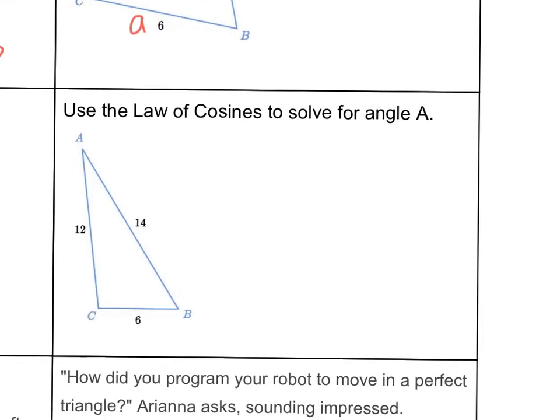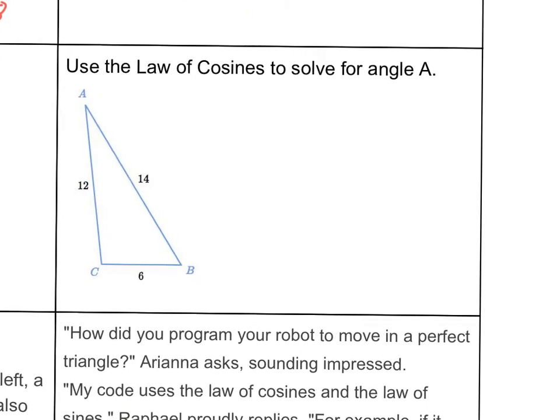I will do the other law of cosines one because that's asking us to solve for an angle. And here we're looking for angle A. That means I want my law of cosines to start with A squared.